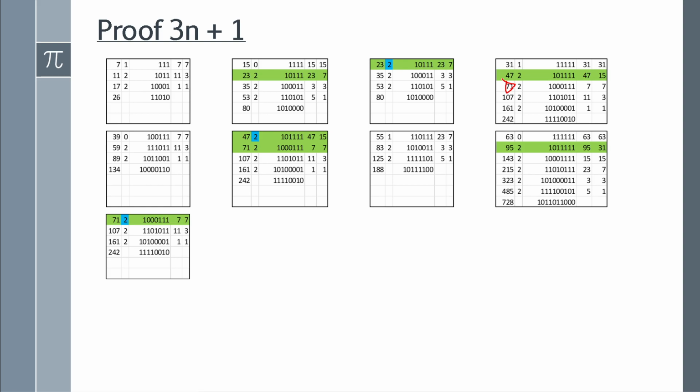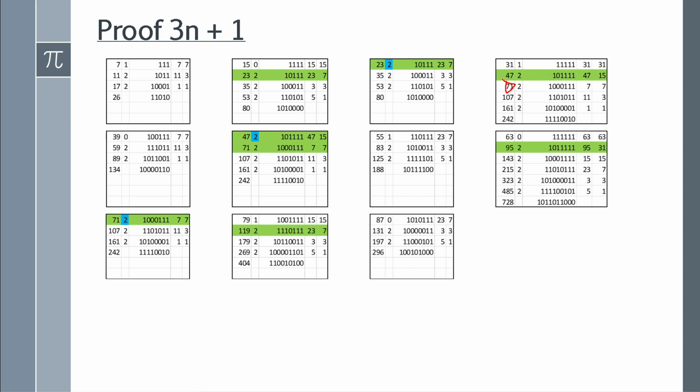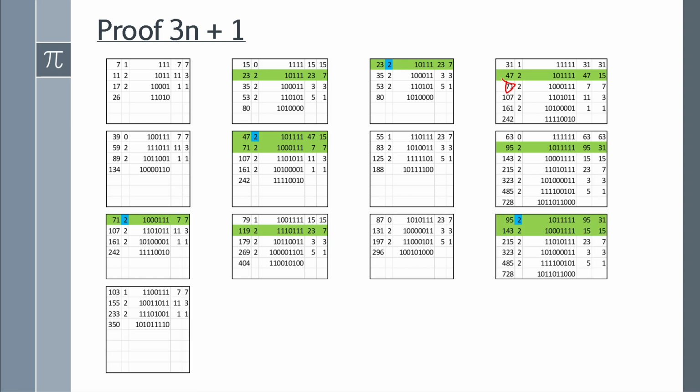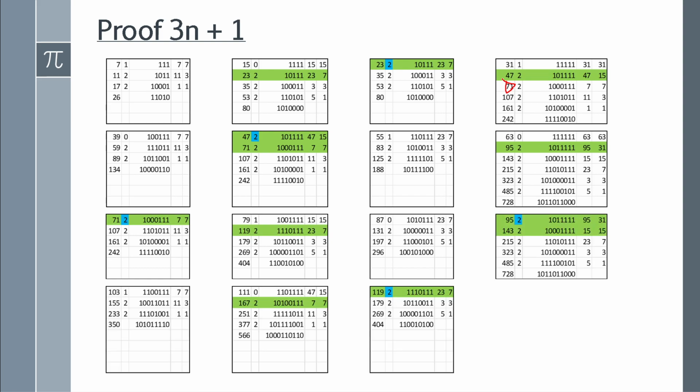So there's 72, 72 goes to 47, 47 goes to 31. 119 is coming from another location. There it is. 119 is going to 79, and then 79 ends.